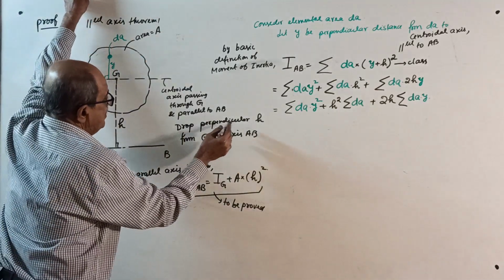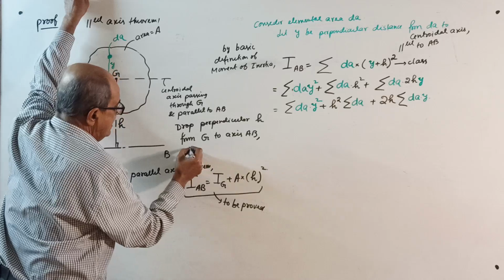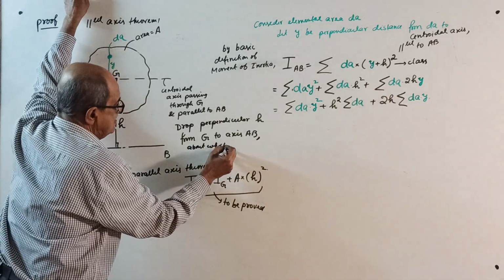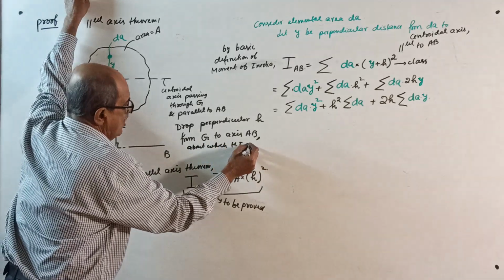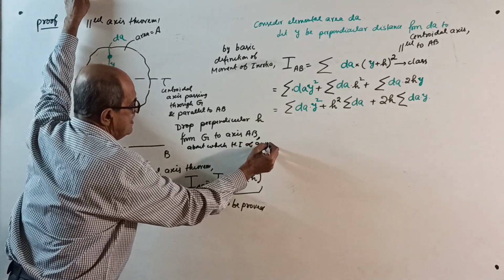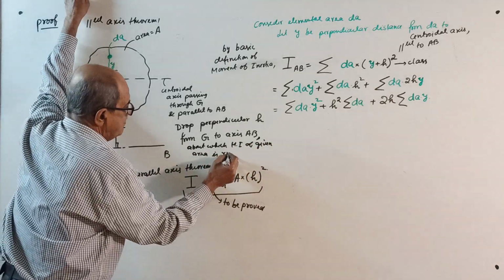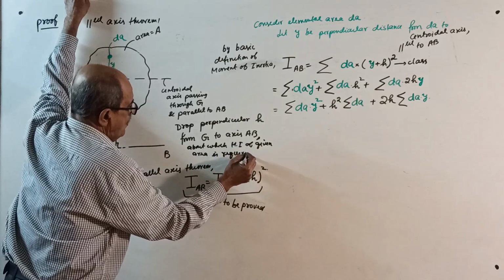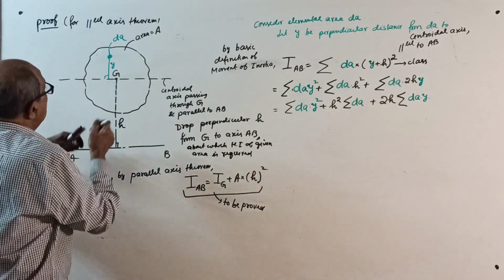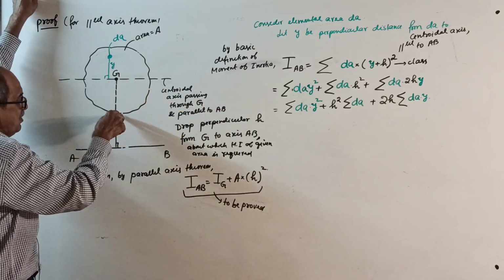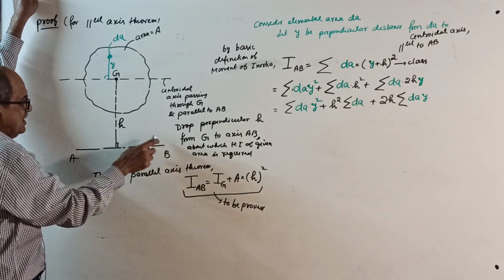See, draw a perpendicular to axis AB, about which the moment of inertia of the given area is required. Now, from the centroid G, draw a perpendicular H to AB.